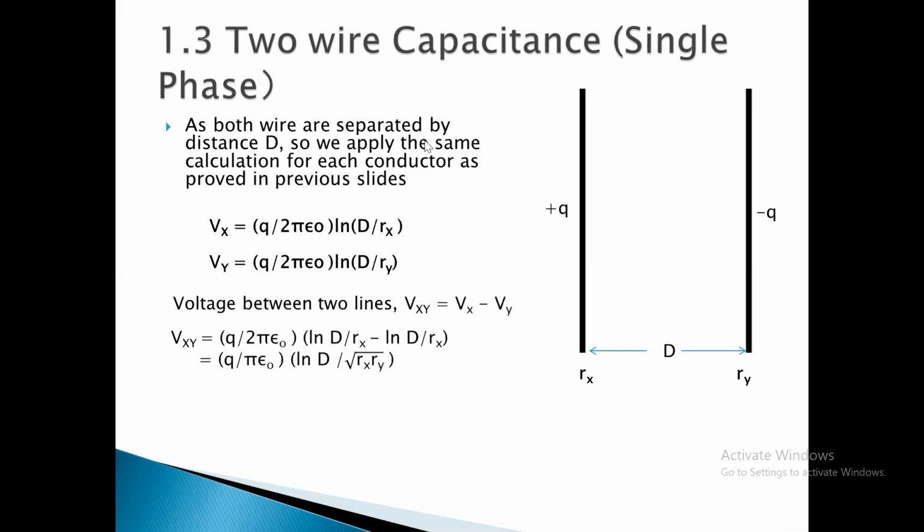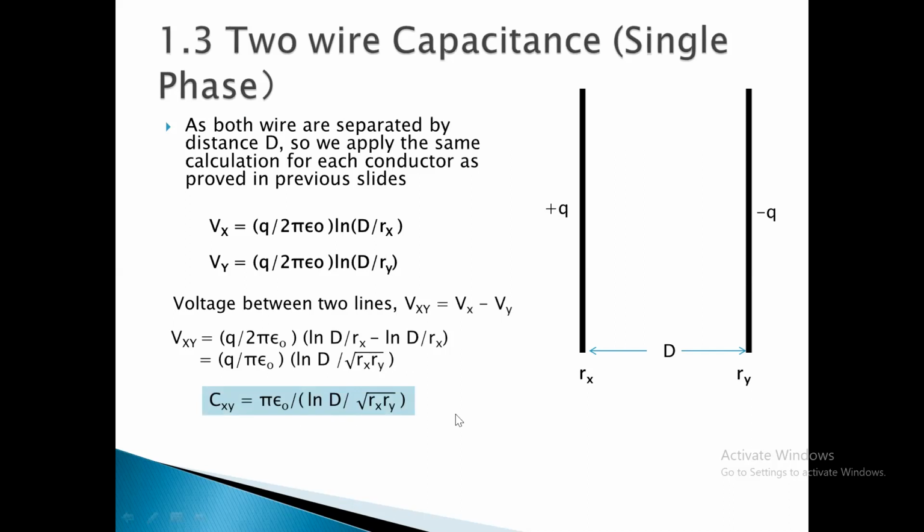If you apply the formula, you will get natural log of d square divided by Rx times Ry. I will take the square as a whole square. I also recall we did it in terms of inductances: we take natural log of m power n, and here the power is square, so we will take the square here, and then this 2 will be cancelled out with this, and we will get this value Cxy.